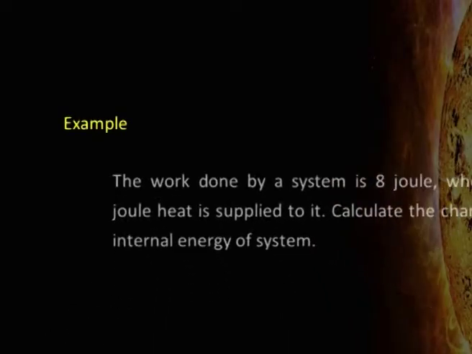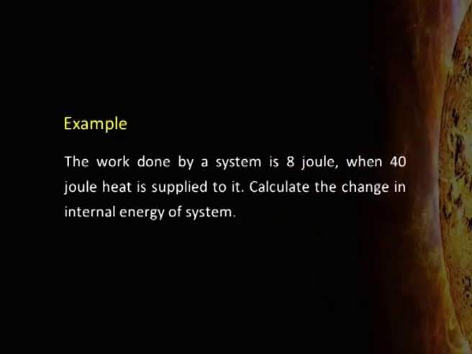There is another example to understand the sign conventions of heat and work. Here it is. The work done by a system is 8 joules when 40 joules of heat is supplied to it. Calculate the change in internal energy of the system.